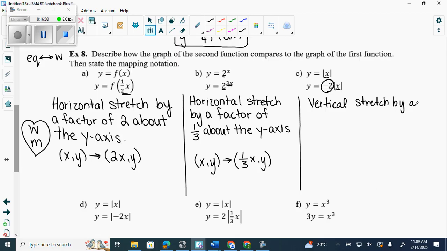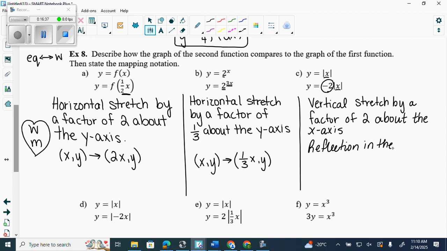by a factor of 2. Not -2. The negative is not a vertical stretch. The negative doesn't stretch it at all. The negative reflects it. Factor 2 about the opposite axis. So it's about the what? X-axis. And then a reflection in the x-axis, which both affect y's.